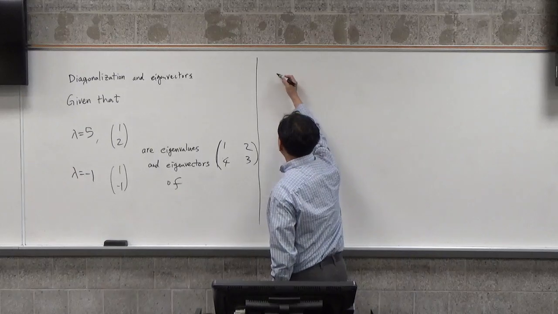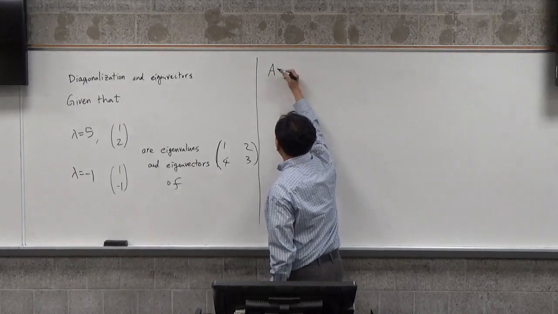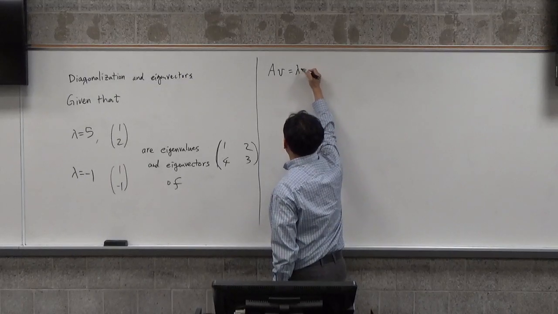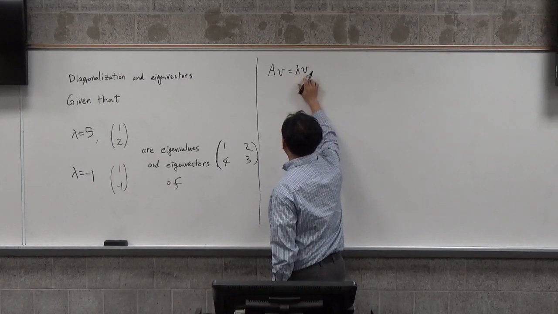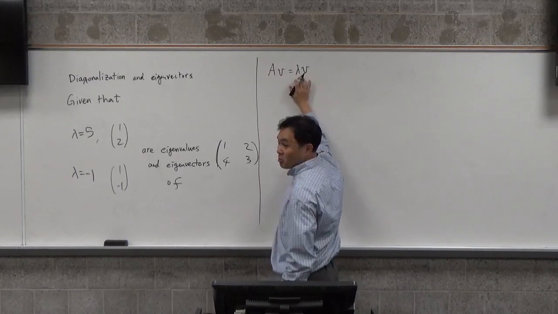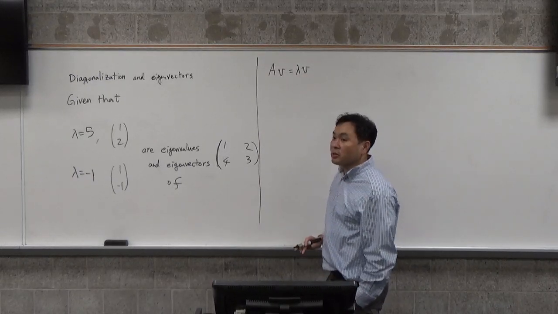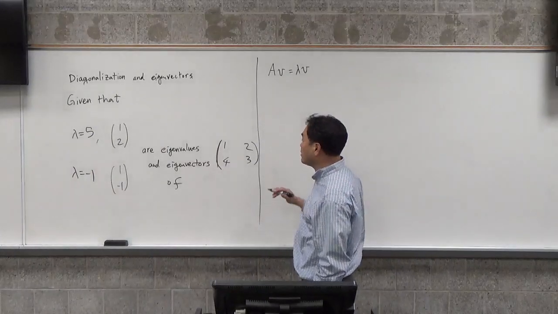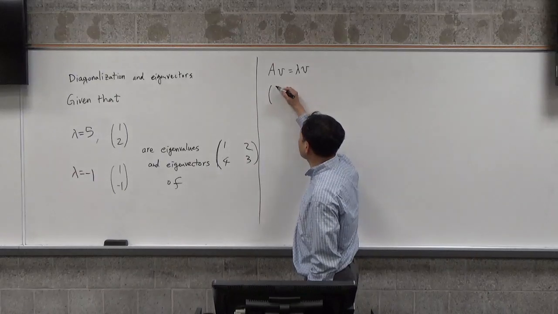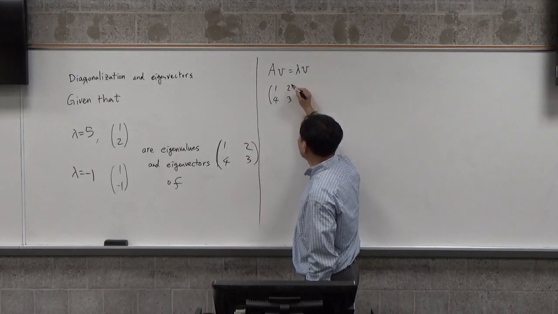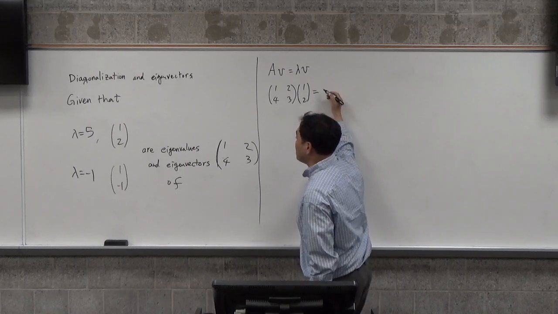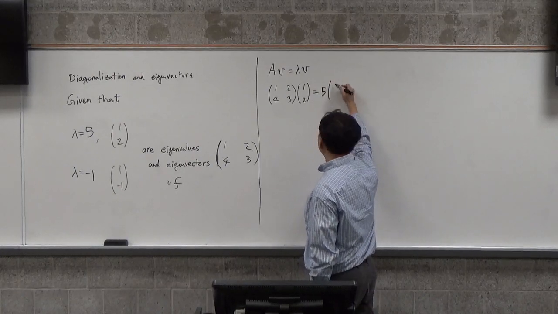Remember that the definition of eigenvalue and eigenvector means that Av equals lambda v. So v is an eigenvector if it's non-zero and satisfies such an equation for some value lambda. In the case of lambda equals 5 and eigenvector (1, 2), this is what it means: [[1, 2], [4, 3]] times (1, 2) would be equal to 5 times (1, 2).